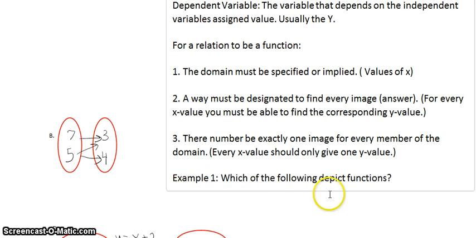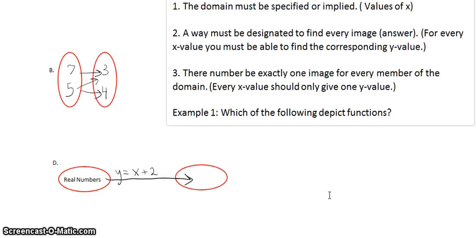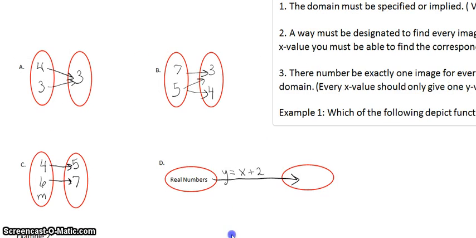Alright, so looking at these examples over here, we're going to see which ones depict functions. Okay, so on A, 4 gives me 3, and 3 also gives me 3, and that is a function because each of these x values are only going to give me one y value. It's okay that they're giving me the same one.